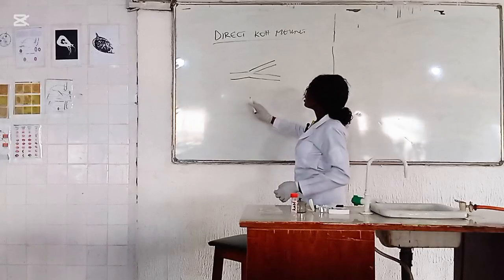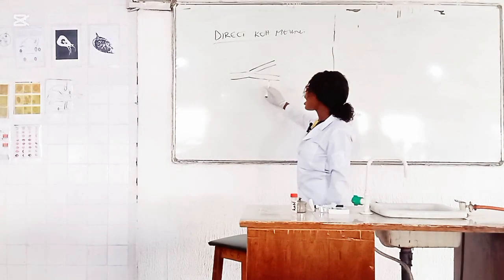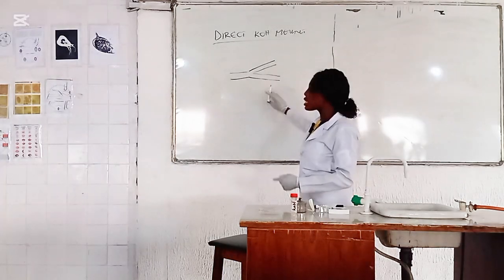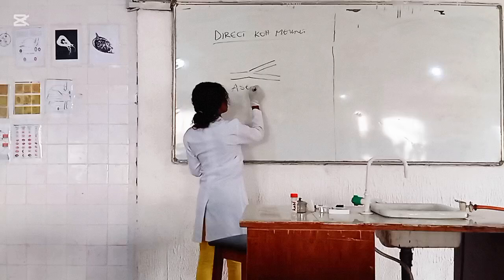Now, this is a hyphae. This is aseptate hyphae. It doesn't have septa, so it's aseptate.